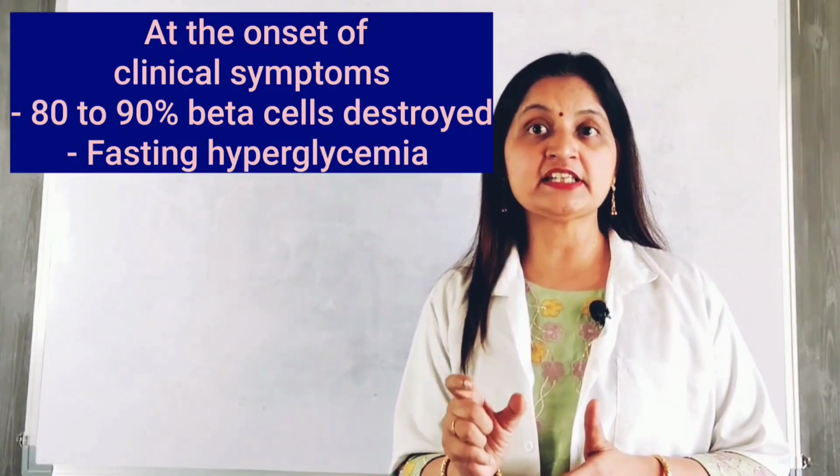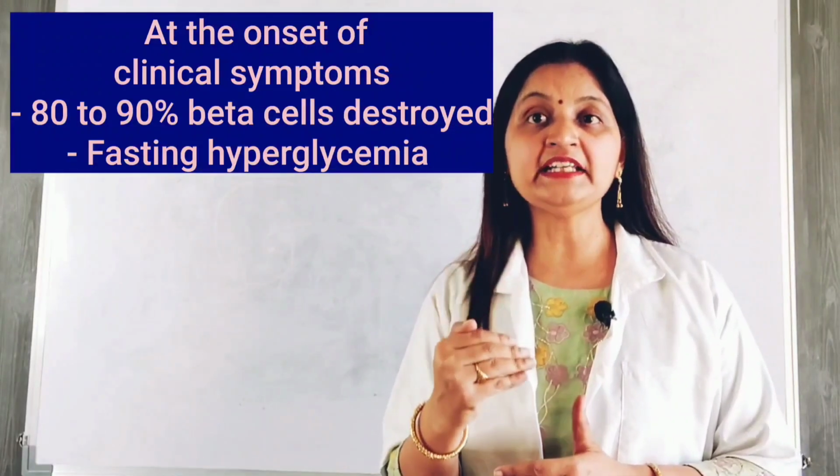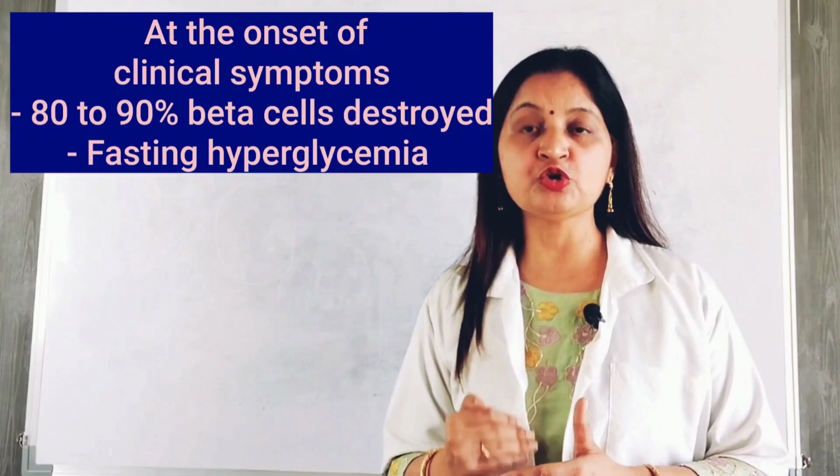When the patient is diagnosed with fasting hyperglycemia, about 80 to 90% of the beta cells are destroyed and the patient is left with little or no pancreatic reserve. And over a period of 8 to 10 years, there is complete loss of beta cells and absolute insulin deficiency, and the patient is dependent on insulin.